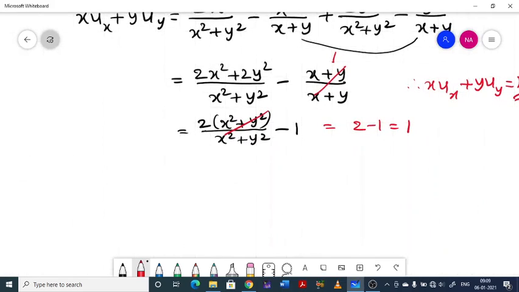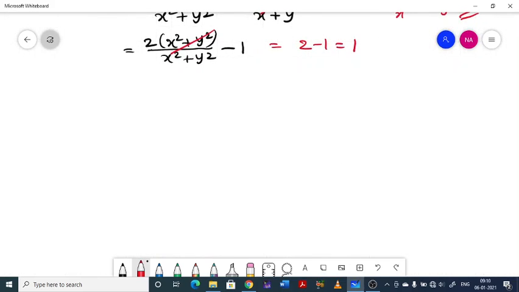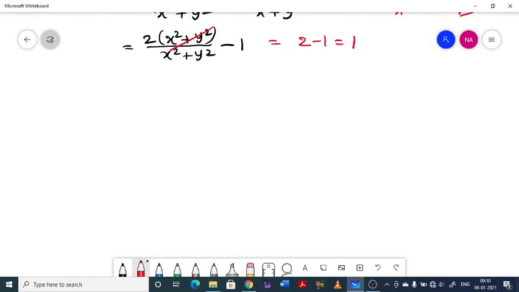So next, let us write one problem for exercise. So try to solve this.